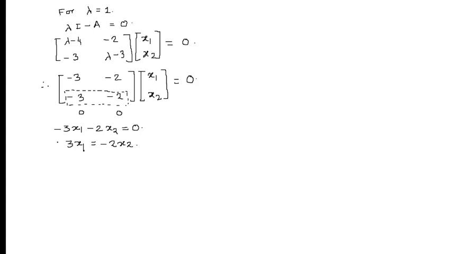Now we have to take a common factor. What is the common multiple of 3 and 2? If I multiply 3 with 2 and 2 with 3, they both will become 6.